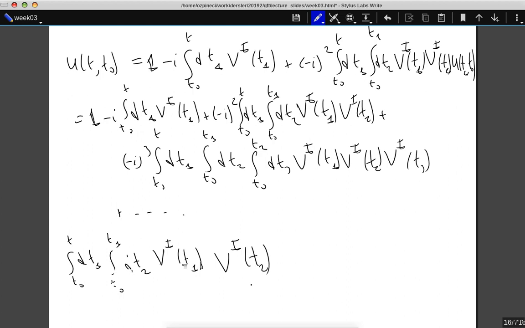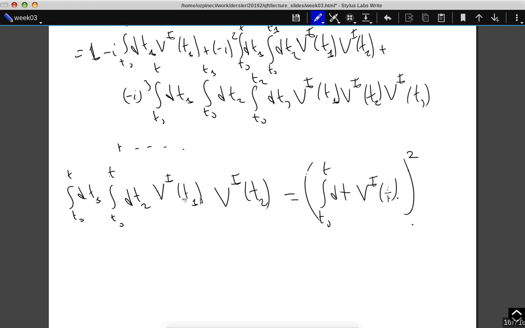It would have been nice if the second integral also went up to t. Because then this would be nothing but the integral of dt vi(t) from t0 to t, squared. But there is a term missing.